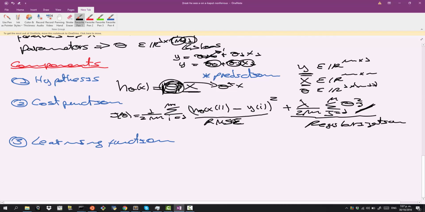We're just going to explain this lambda term that is used to penalize our theta. So if we increase lambda too much, this means that we're going to have high penalization in our theta parameter. But if we have a very low lambda, then this means that there is going to be low penalization.